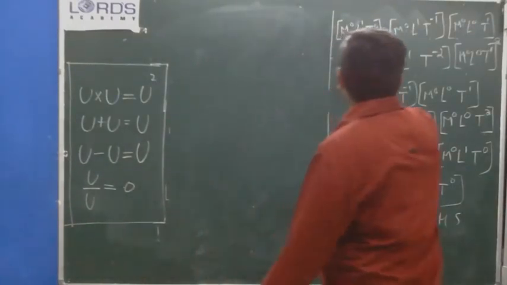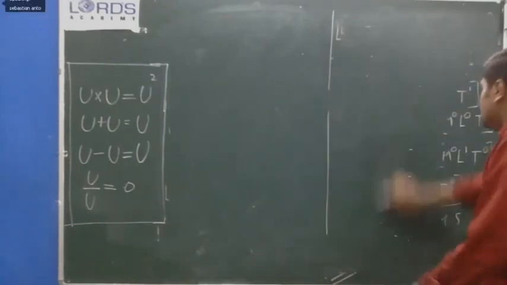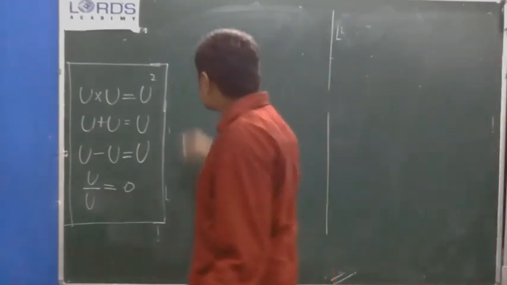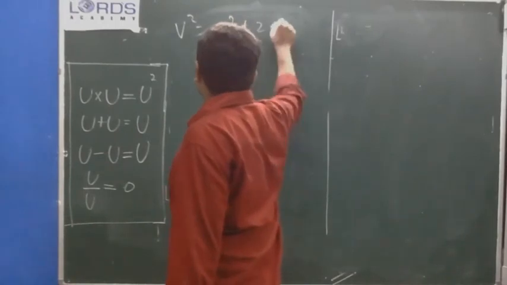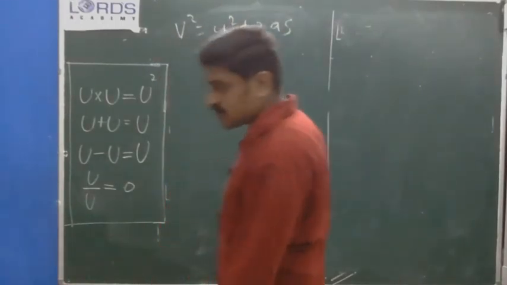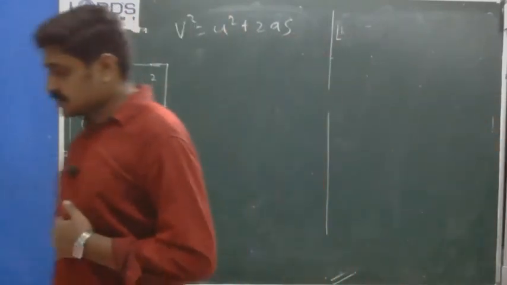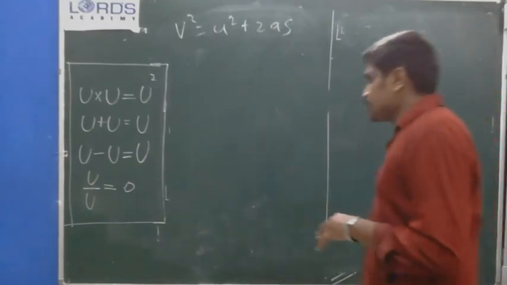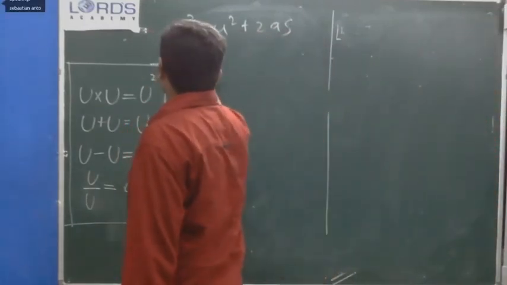Okay, so we can start. We have the equation V square equal to U square plus 2As. So Sebastian, what's the first step? The dimension formula of each. Yes, give the dimension formula first.